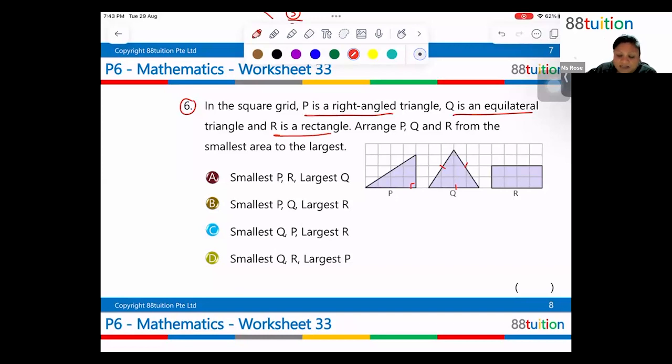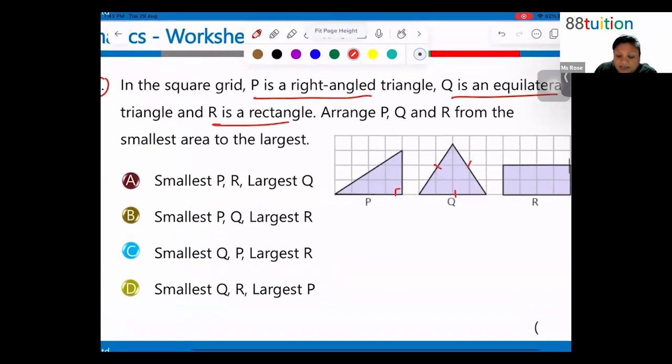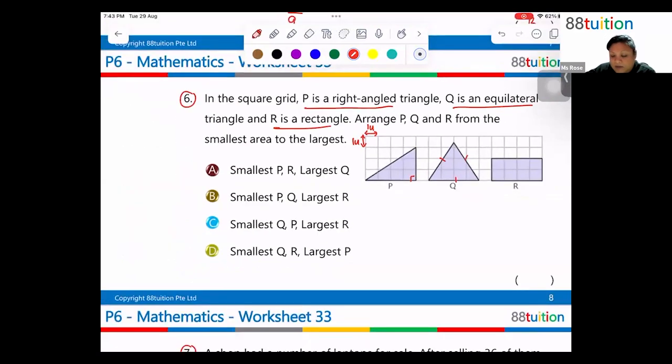So if I take the measurement to be 1 unit, okay, so what I have here will be 8 square units. Okay, so this is 8 square units.